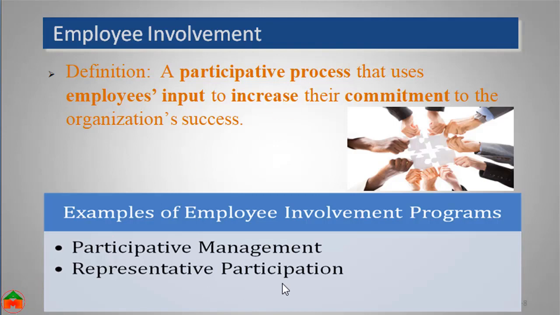That means from a huge number of employees, there may be a representative group of employees who can participate in the decision making. That is called representative participation. By participative management and representative participation, the managers can motivate the employees. And these two ways are examples of employee involvement.